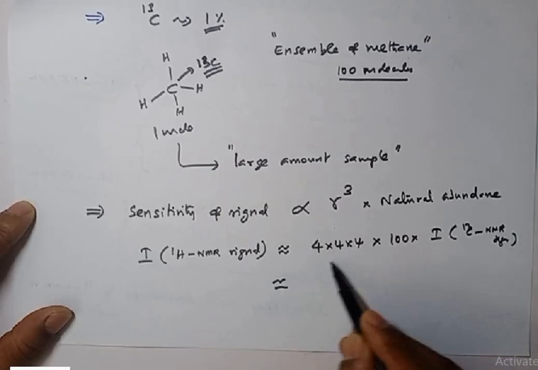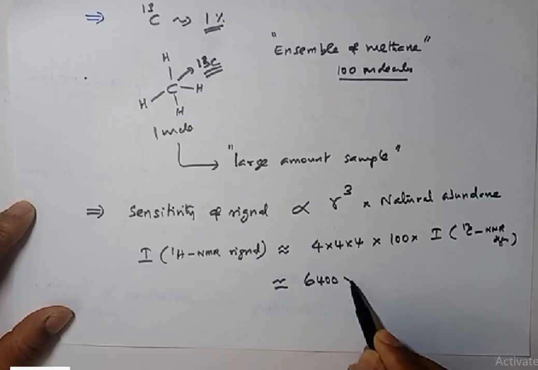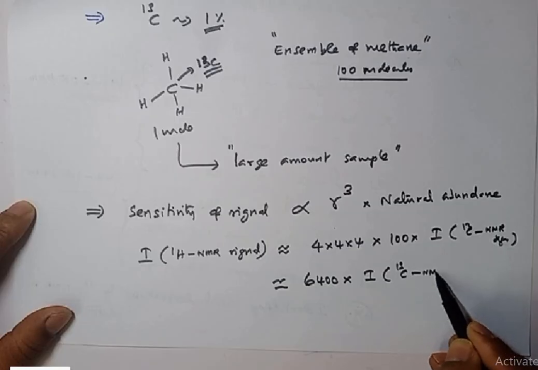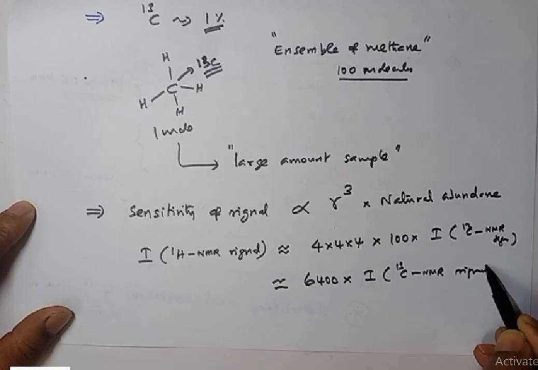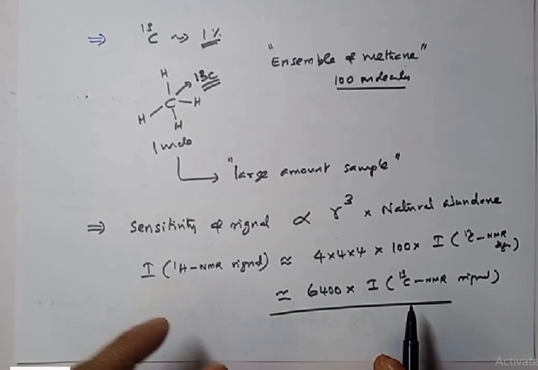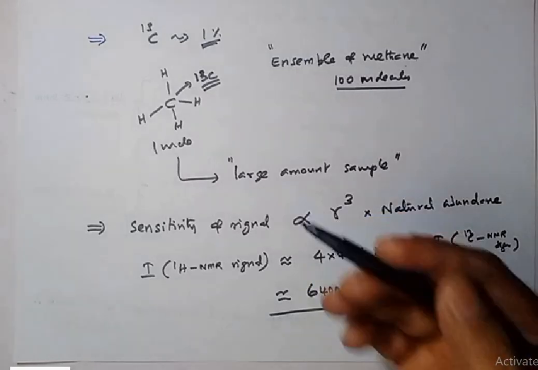Now if I multiply these, I get 6,400 times more intense than the C13 NMR signal. Observe carefully, it's a very important point: the sensitivity of the proton NMR signal is 6,400 times larger than C13.